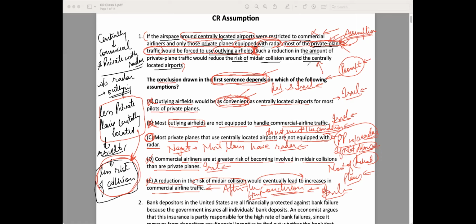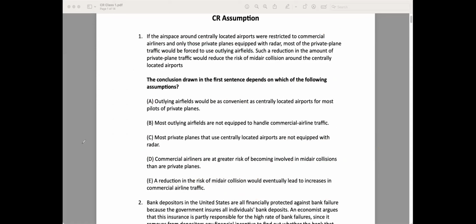We are dealing with what assumption is required for this conclusion, and which is option number C. Any doubt whatsoever here? Let me know. Again, all the things that I was mentioning earlier, whatever conclusion we are dealing with, if we are very clear on that conclusion, the other four options were totally irrelevant.